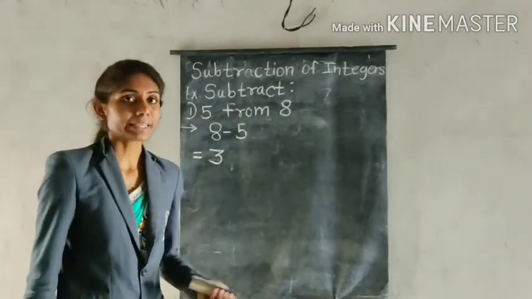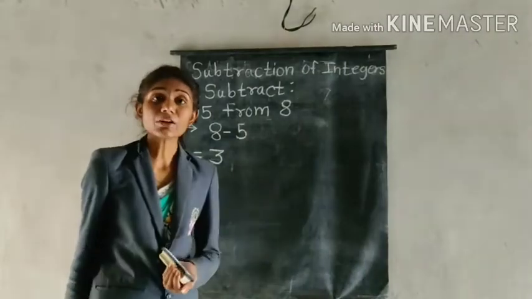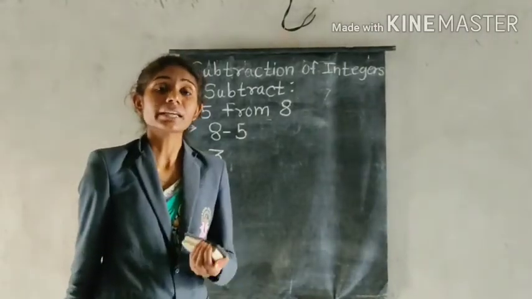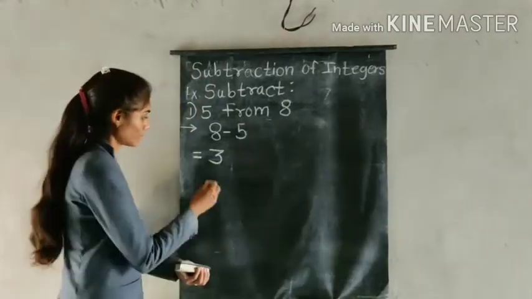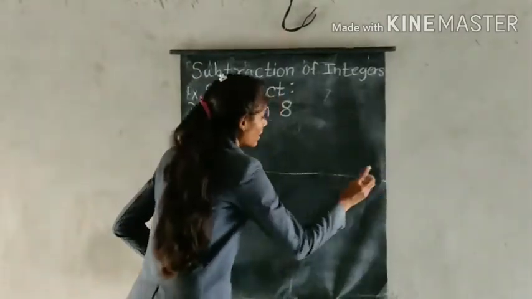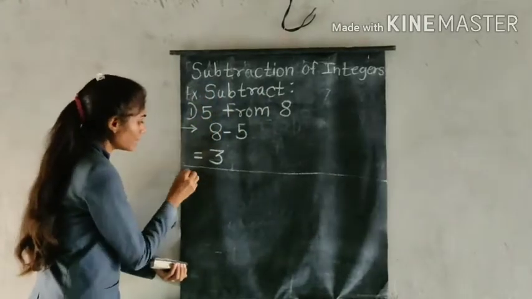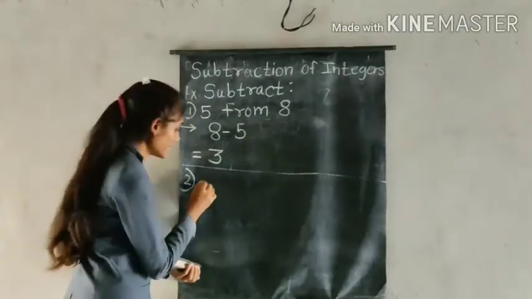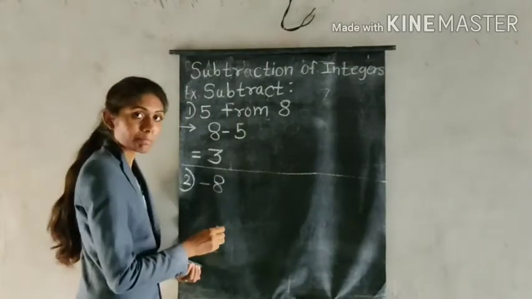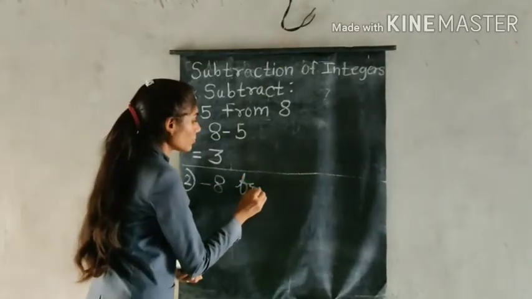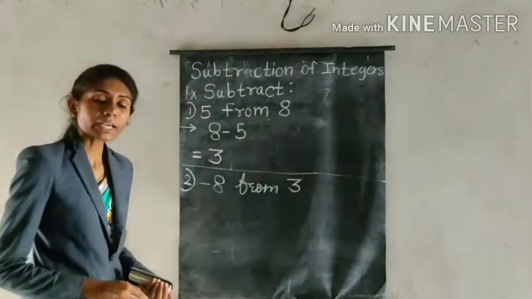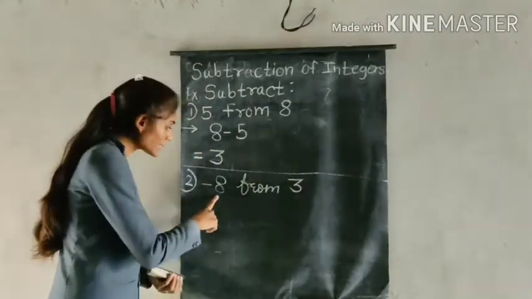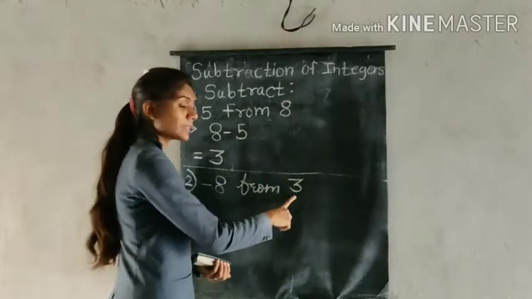subtraction. But if the sign of the integer changes, then how to solve it? Let me explain it. Another example. Suppose they told us to subtract -8 from 3. So here we observe -8 is there and here 3 is positive.